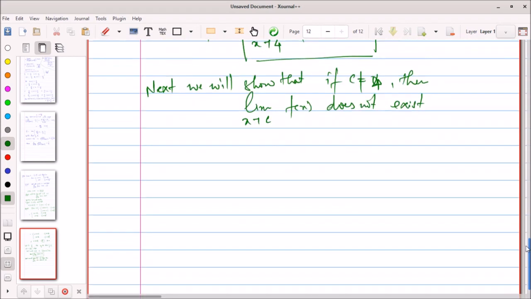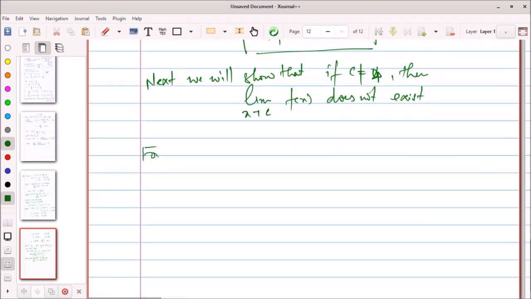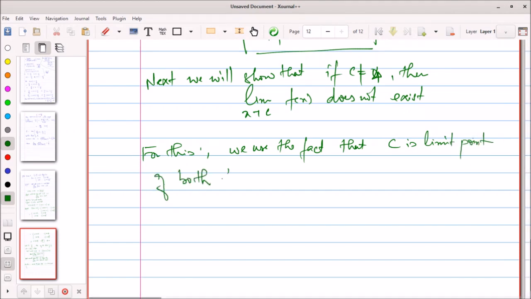For this we use the fact that c is a limit point of both Q and Q complement.